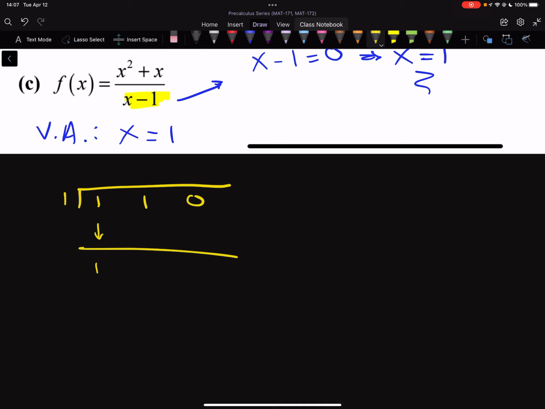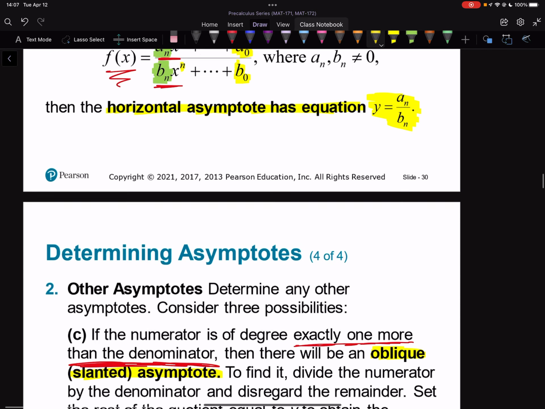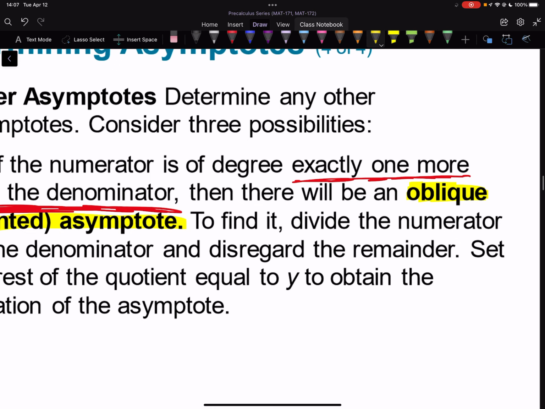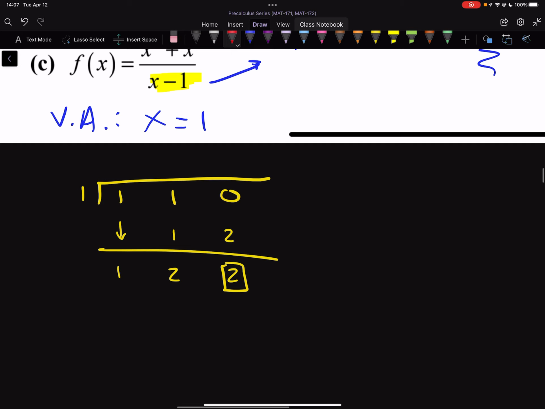All right, so now we go ahead and complete synthetic division. That's going to be a 1, this is going to be a 2, that's going to be a 2. And if you remember, the definition said that we disregard the remainder. So we're going to disregard that remainder here.